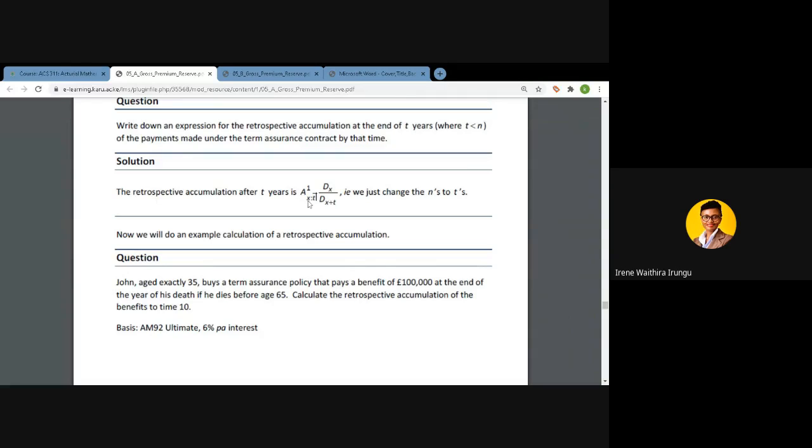My x here becomes 35, and I put a stress on it, so that must occur first. And then my t here becomes 10 and not 30, because we are evaluating this retrospective accumulation of benefits for a period of 10 years.